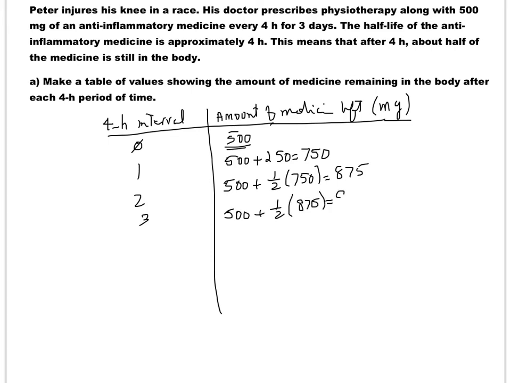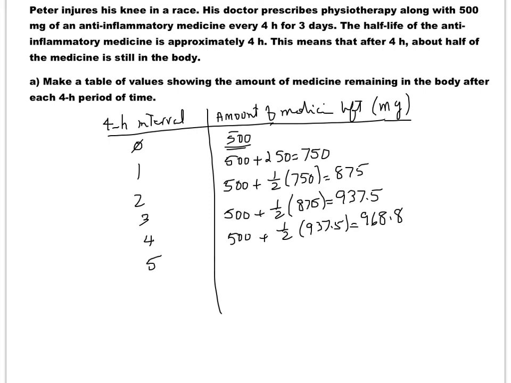This is going to give me 937.5. The fourth 4 hour interval, I'm going to have 500 plus half of 937.5, which is going to be approximately 968.8.